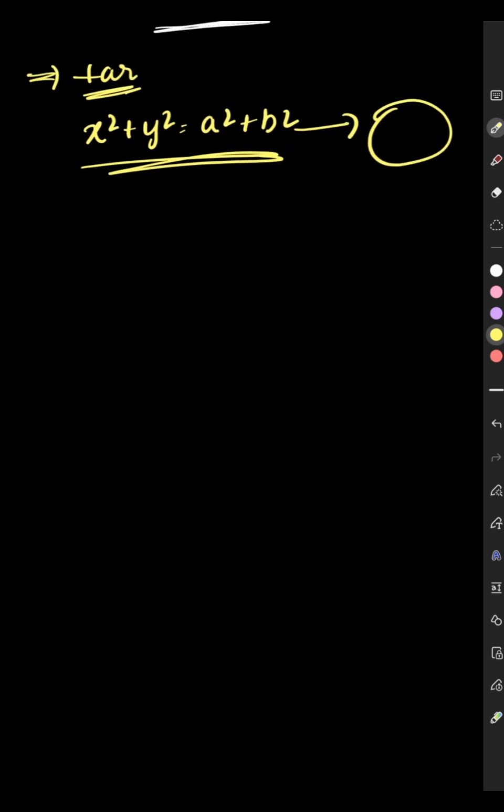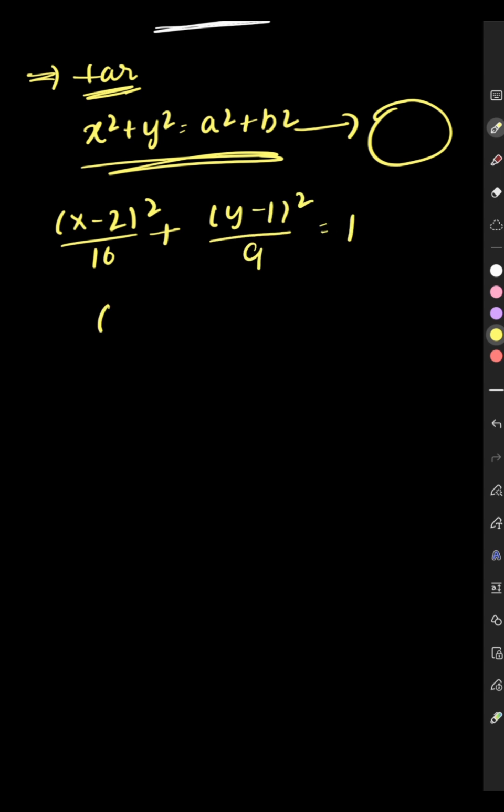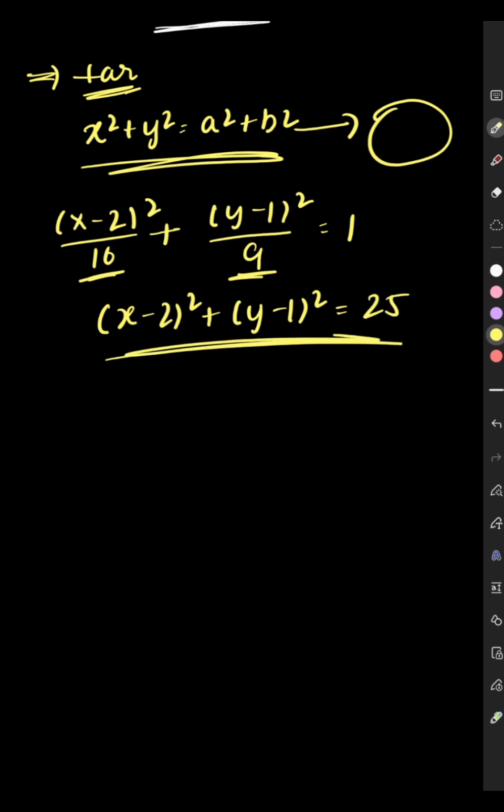So if I were to give you an ellipse tomorrow and say the ellipse equation is (x minus 2) whole square by 16 plus (y minus 1) whole square by 9 equals to 1, the director circle's equation is going to be (x minus 2) whole square plus (y minus 1) whole square equals to a square plus b square. So 16 plus 9 is 25. This is going to be the director circle's equation.